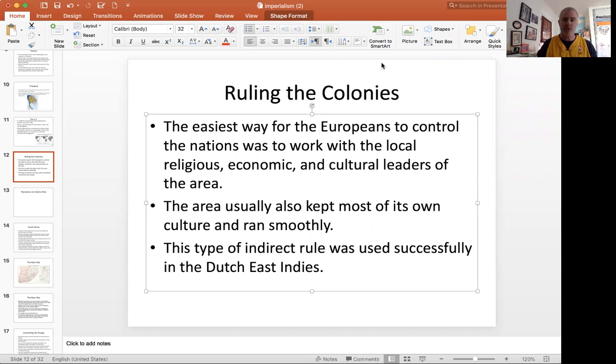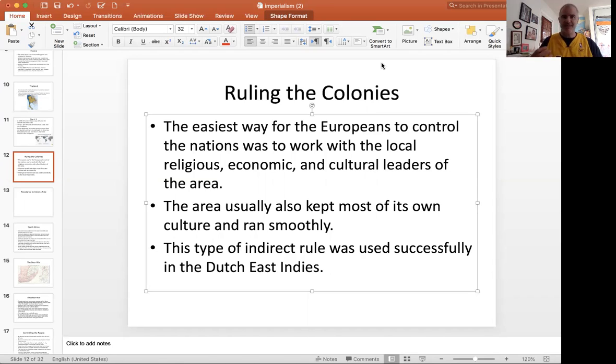So when the Europeans would go and take over a country, sometimes they would fight them and try to conquer them. Oftentimes, though, they would go to the leaders with all of their weapons and clear military superiority over the local people, and they would try and work out a deal with them.